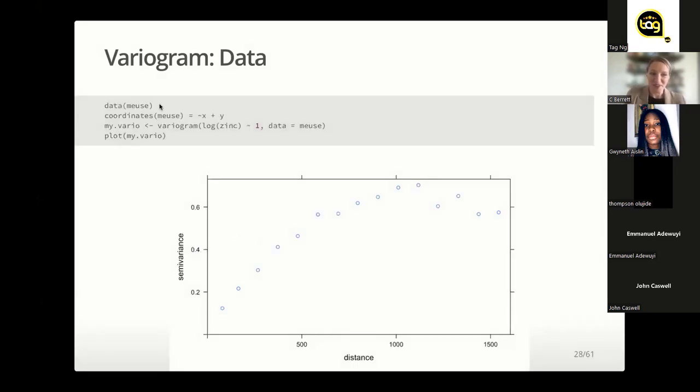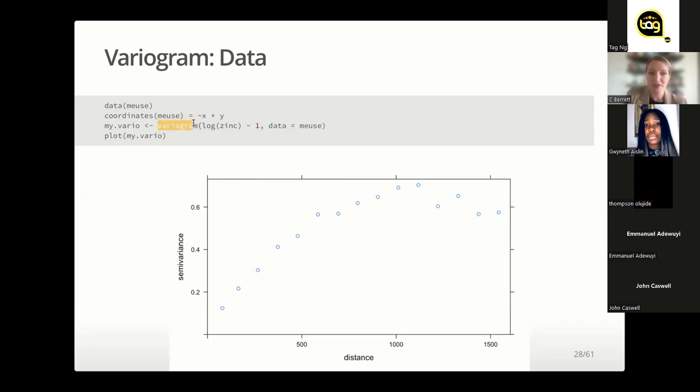So to compute the variogram, we first have to assign coordinates. So meuse is just a regular data frame. And so we're going to use the sp package to assign it coordinates, and we're going to assign it x and y. So meuse has variables called x and y that are meant to be the coordinates. And so we're just going to define an sp object by defining meuse's coordinates as x and y.